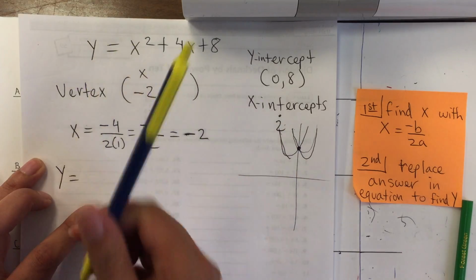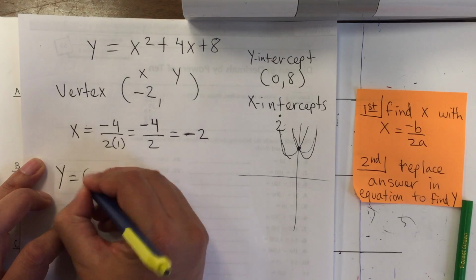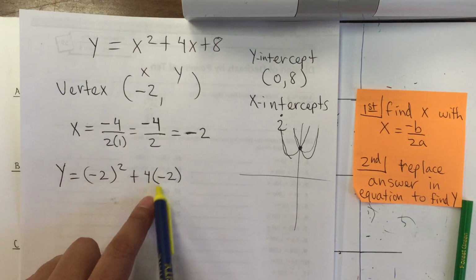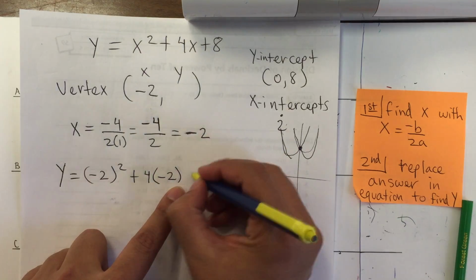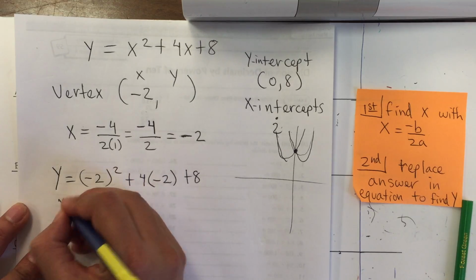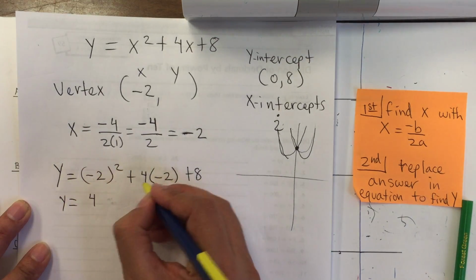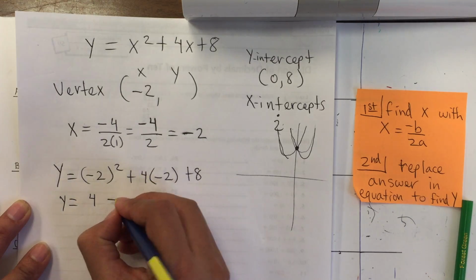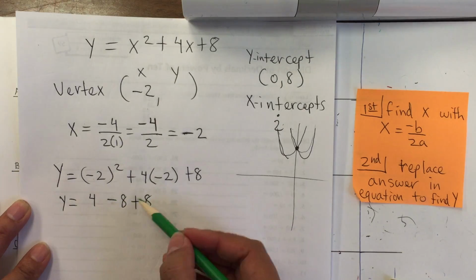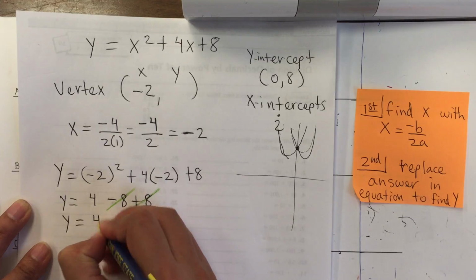Now to find y, I'm going to replace the x, and it's going to be (-2) squared plus 4 times -2 plus 8. And so this is going to be equal to -2 times -2 is 4, plus 4 times -2 is -8, plus 8. Remember that opposites cancel each other, and so my y is equal to 4.